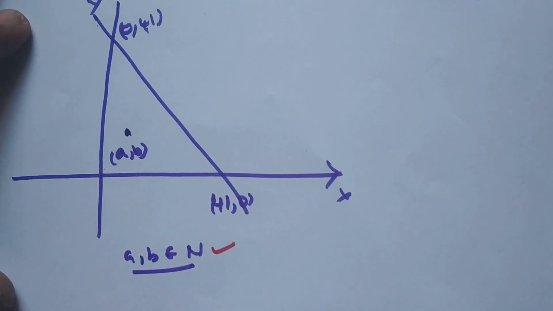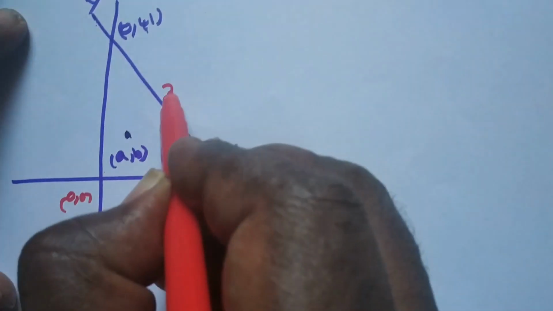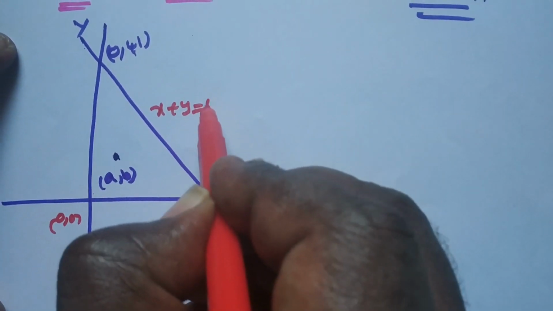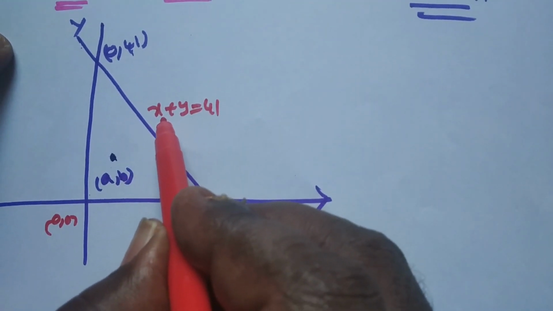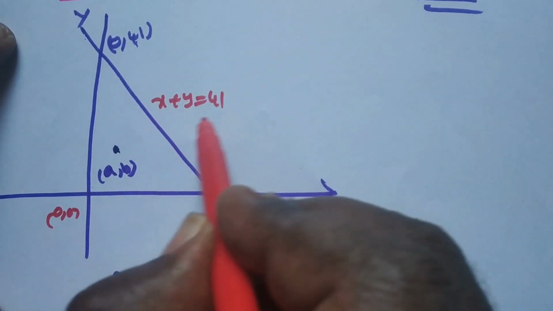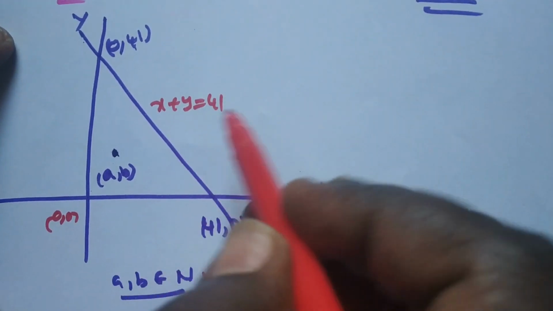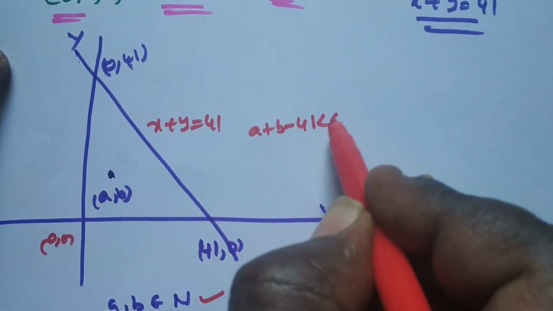This is your origin. This is x plus y equals 41. If you substitute the origin here, what happens? Minus 41, that is negative. If you substitute (a, b) in this equation, what happens? Also negative, that is a plus b minus 41 less than 0.